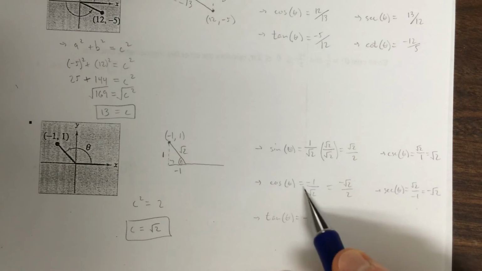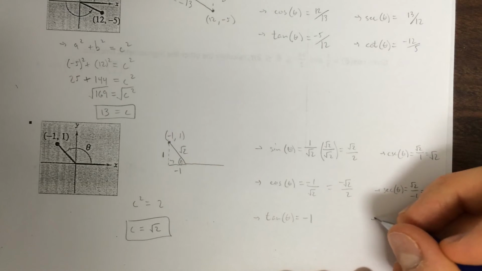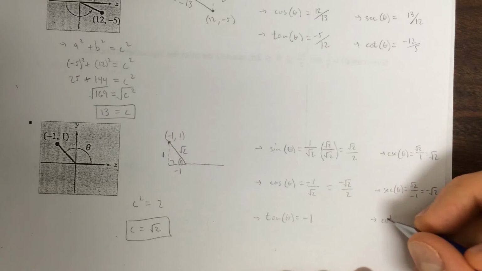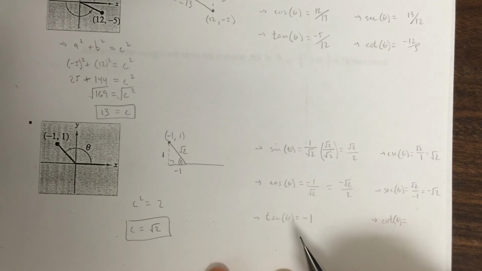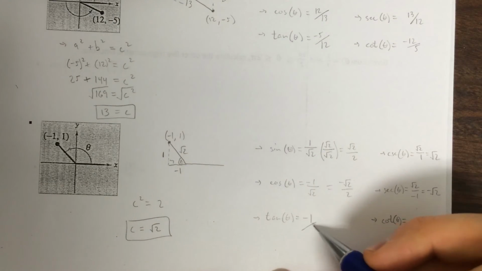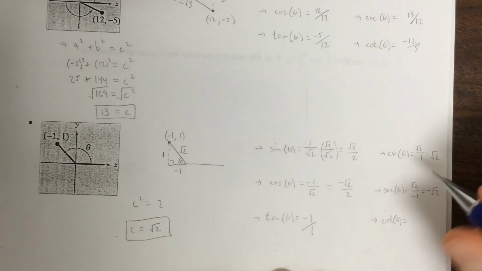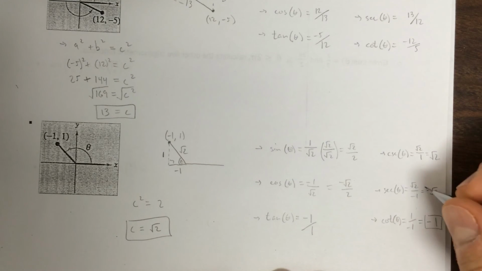I'm just taking this one, not that one. We could do this, rationalize, and you'd end up with the same thing. I would encourage you to try it, see if you end up with the same thing. Now this is another part. Tangent is negative 1. We need to take the reciprocal of tangent. The reciprocal of negative 1 is not positive 1. If we write this as a fraction, if it helps you, negative 1 over 1, which means the reciprocal would be 1 over negative 1, which is still negative 1.